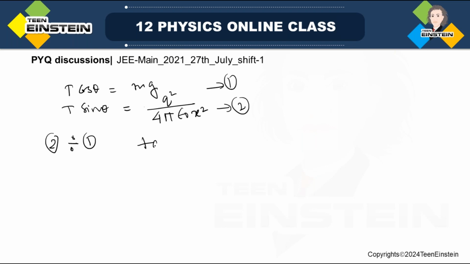We'll get tan theta equal to Q square by 4 pi epsilon naught mg into X square, right? Because this is divided by this. All right, so I have got this.